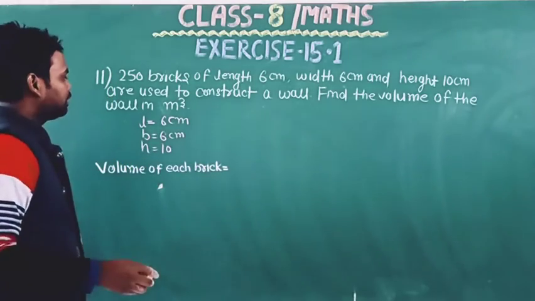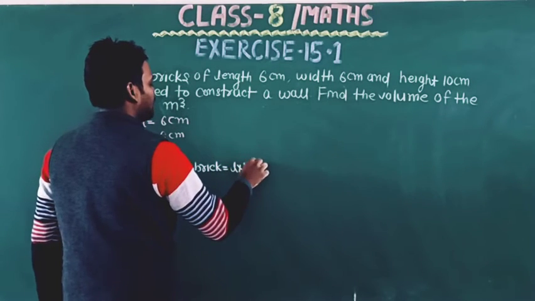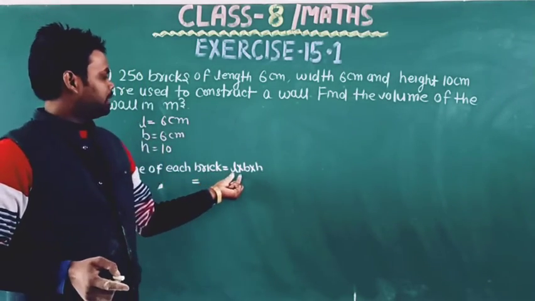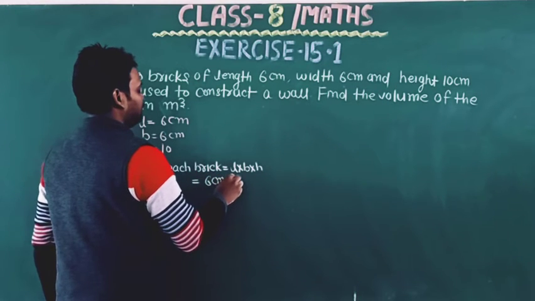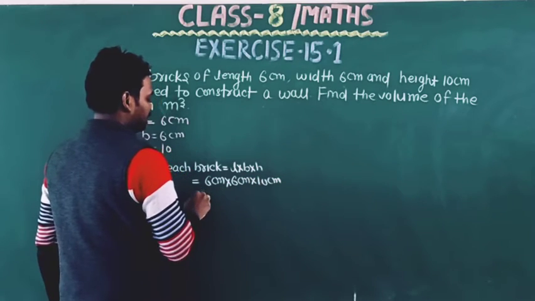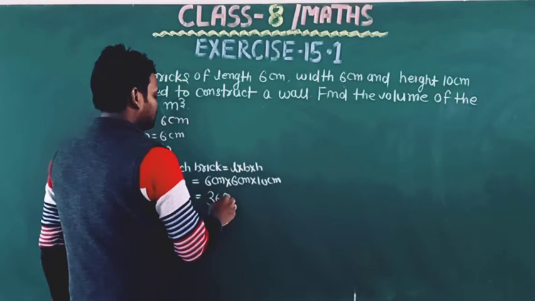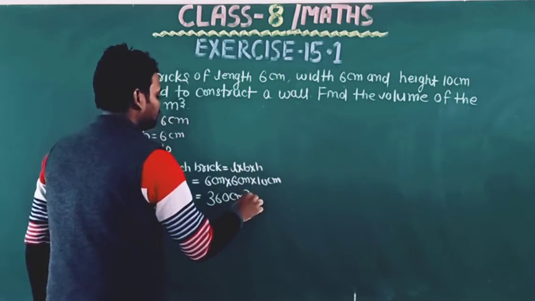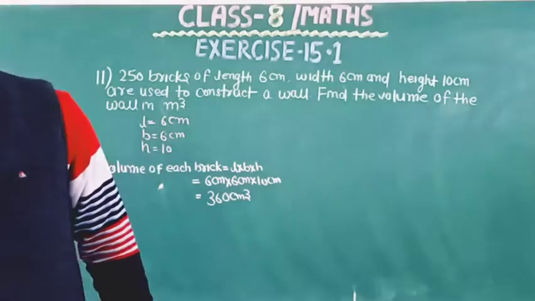The volume of each brick equal to length into breadth into height, so 6 cm into 6 cm into 10 cm, that would be equal to 360.